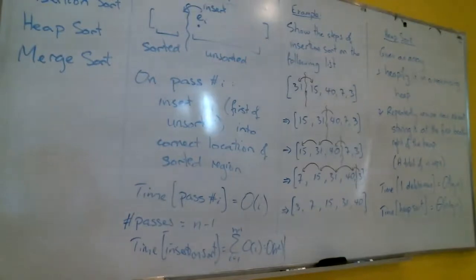Now, when a sort doesn't use any extra space, then it's called in place. When I say no extra space, I mean the amount of space beyond what you need for the input, so not counting the space you need to store the input itself.